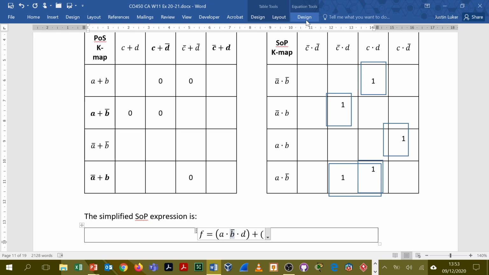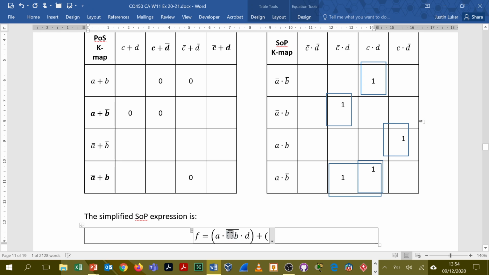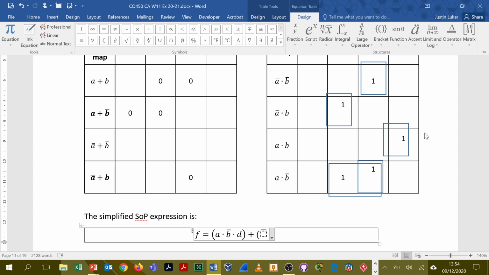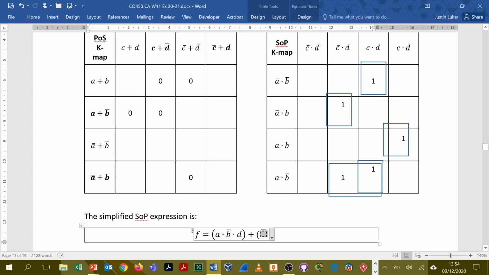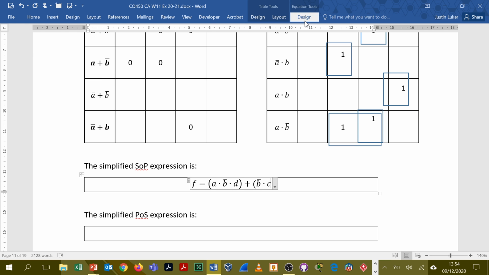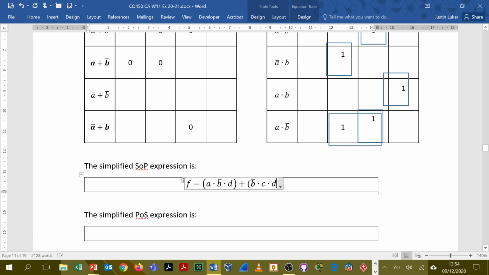We get rid of A because A goes from not A to A. So not B, C and D. Again, we got rid of A on that one.